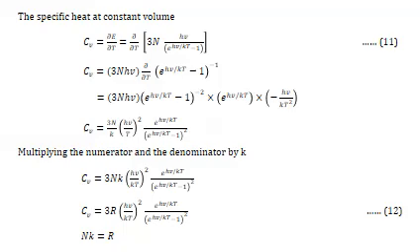Cv is equal to 3Nk times h nu by kT the whole square, e power h nu by kT, divided by e power h nu by kT minus 1 the whole square.